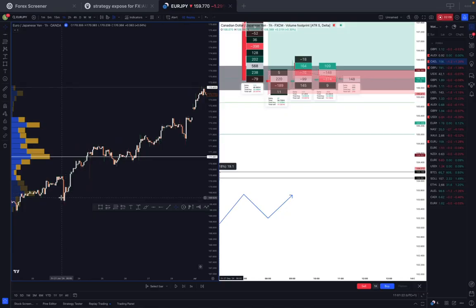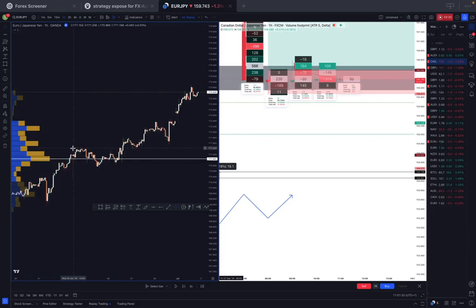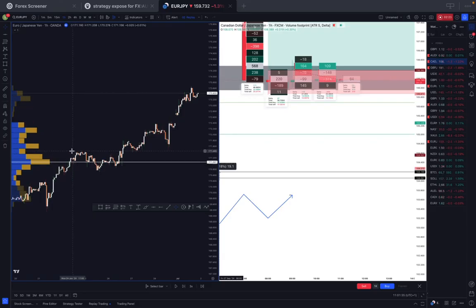So what is causing the impulse and the correction is the volume, the liquidity that is being moved around. But then what you want to pay attention to as a price action trader is certain price ranges that are giving a certain reaction to the market. Then you want to speculate what is going to happen the next time price reacts on that range or on that zone, right?